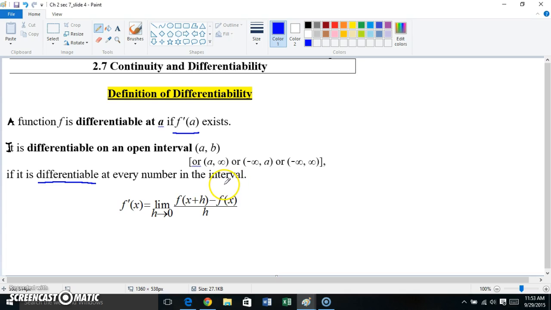Okay, so remember, the definition of derivative required that we take a limit. Notice that a limit exists when the limit on the left equals the limit on the right.